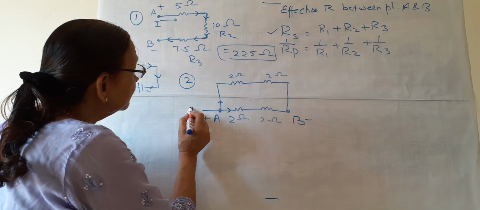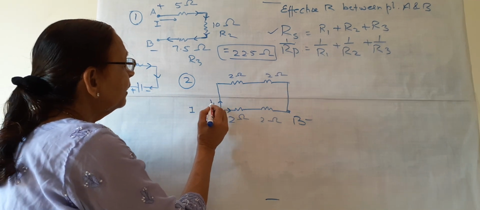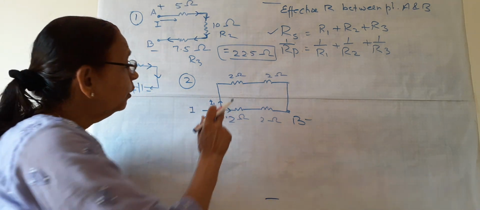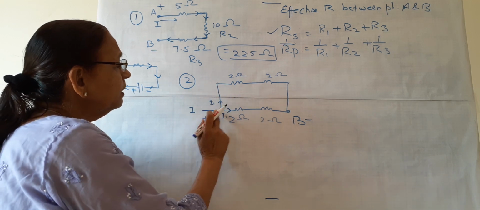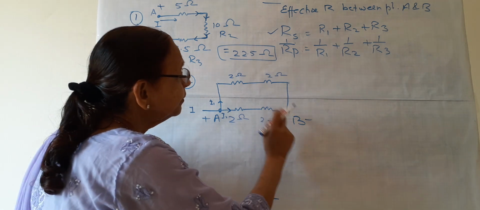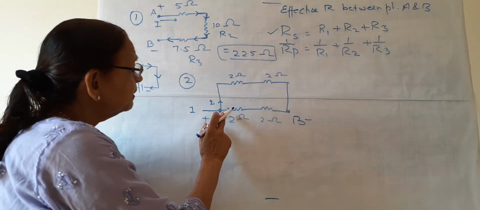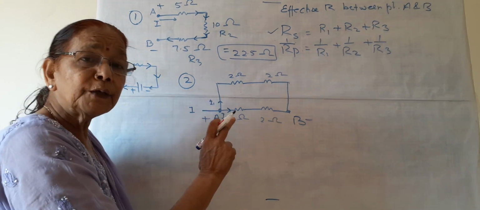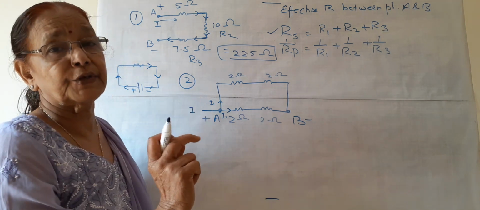Suppose current I is entering the circuit, so it will divide into I1 and I2. 2 branches are there, 2 roads are there. Some of the current will go towards I1, some will go towards I2 until it reaches B. When the current is dividing or when it has more than one path to go, we will say it is a parallel connection.